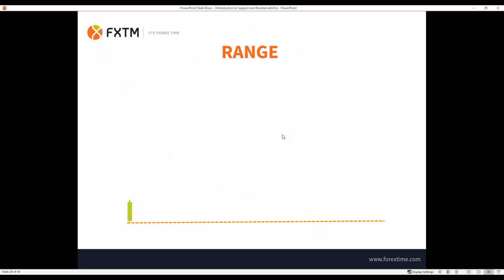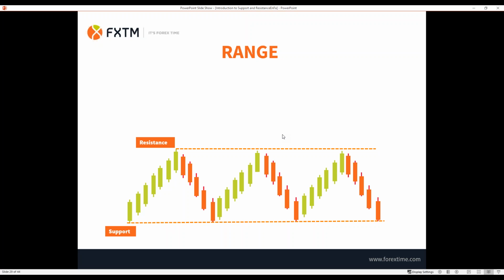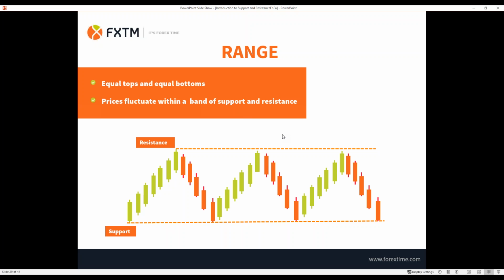So let's take a look at the range. The definition of range is equal tops and equal bottoms. Actually, everybody says that range is equal tops and equal bottoms.